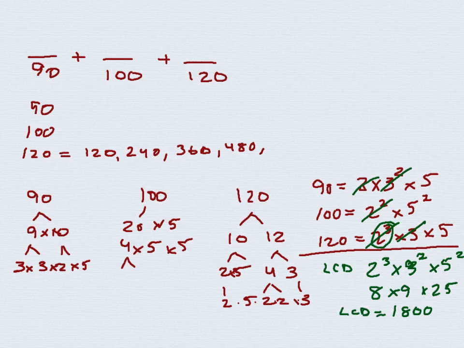So can you consider how much fun that would have been doing multiples back up here, 600, and so on, all the way up to 1800, before you would have found one in common between 90, 100, and 120. So the bottom method is called the prime factorization method.